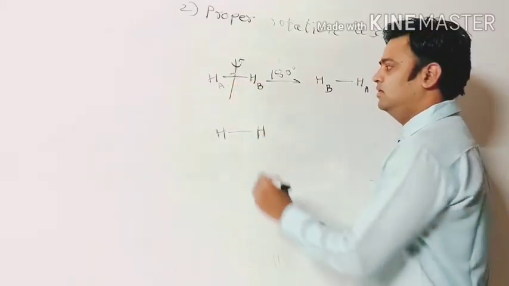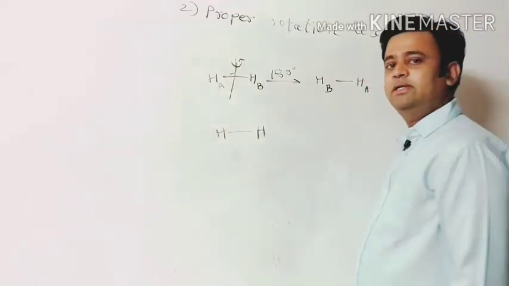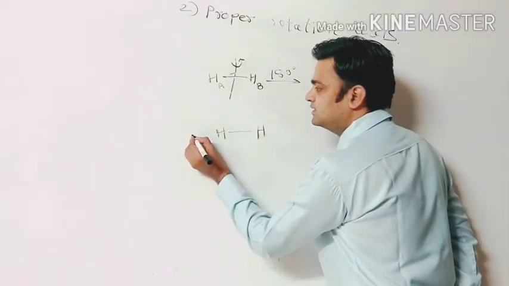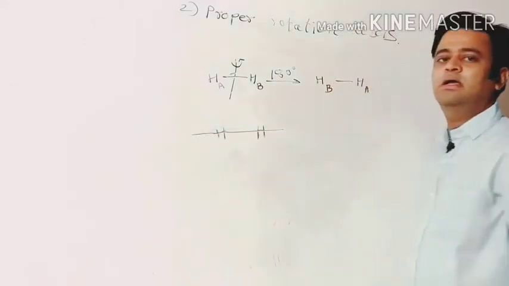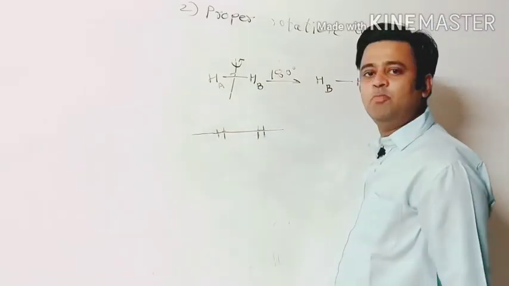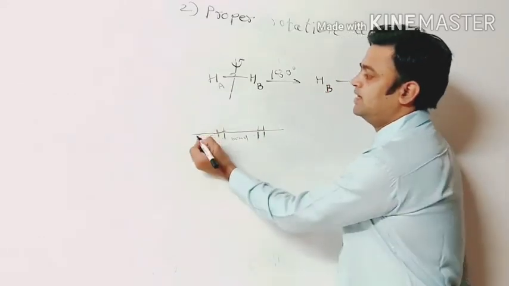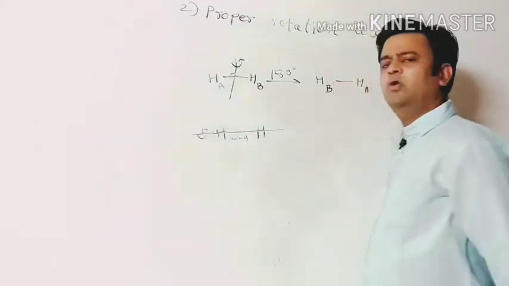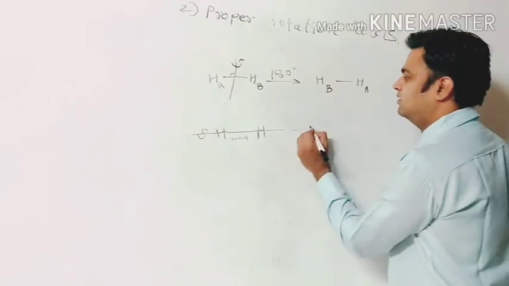But now we will take rotation axis like this, means parallel to the HH bond. This is the bond, this one is parallel. Rotate it.